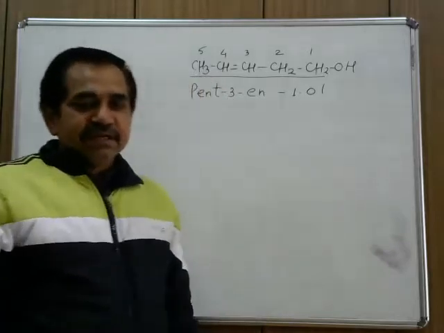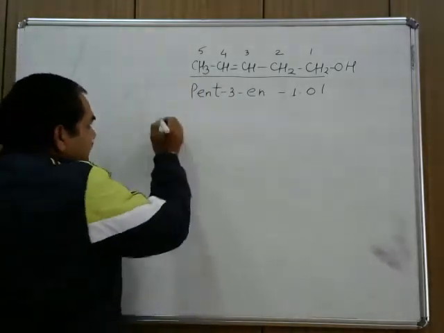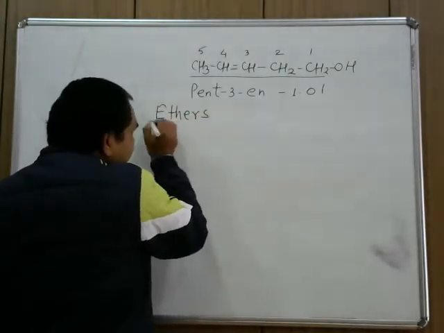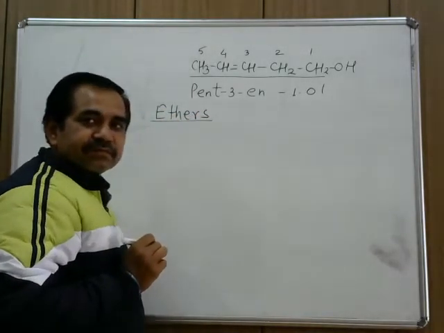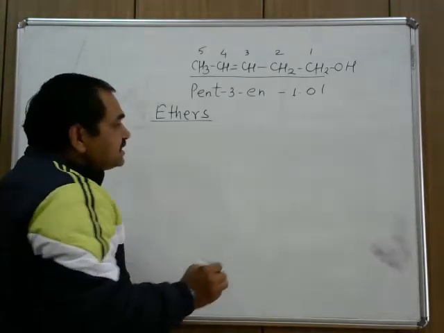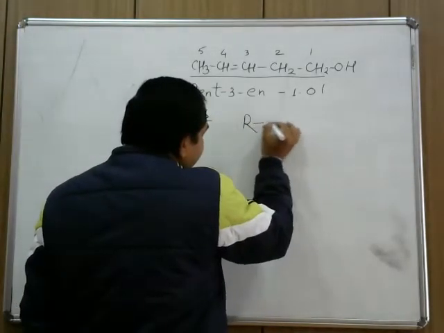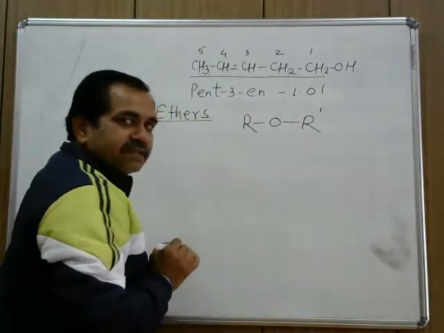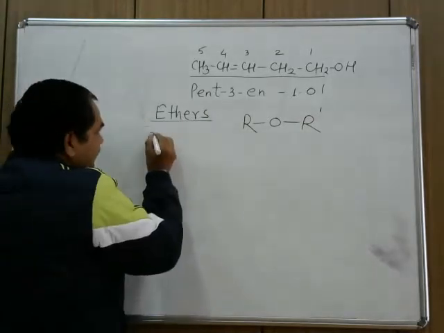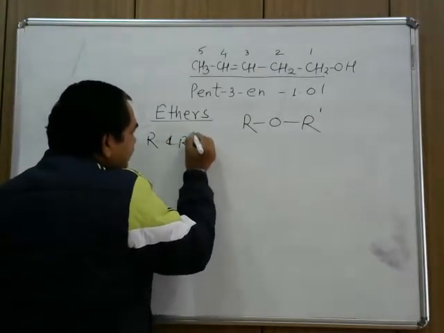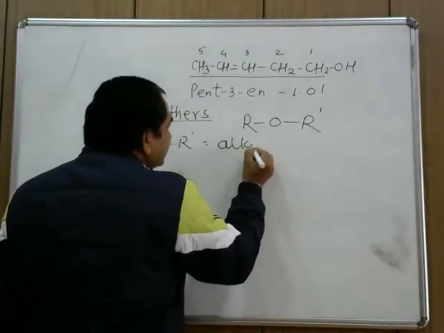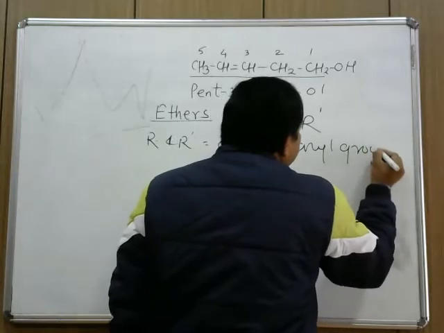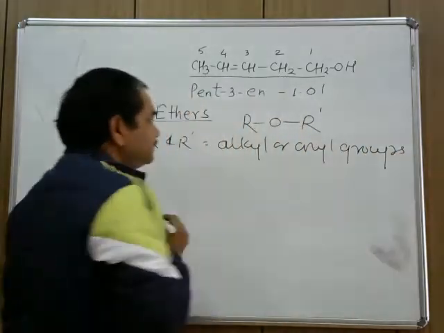Now we come to another class of compounds that are called ethers. Ethers are represented by a general formula of ROR', where R and R' are either alkyl or aryl groups.